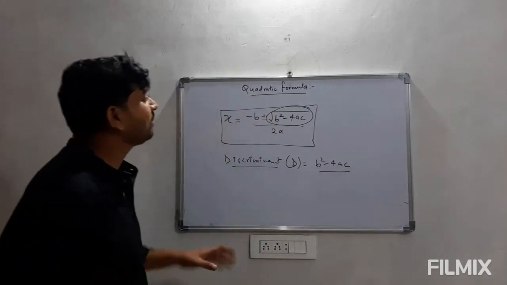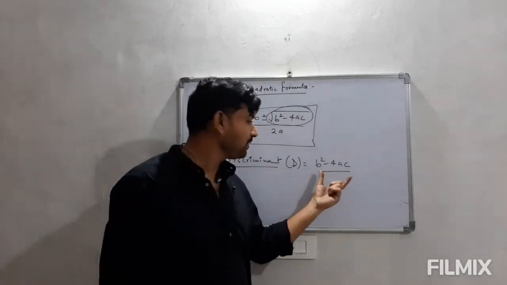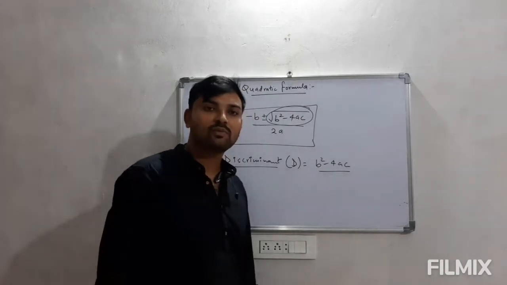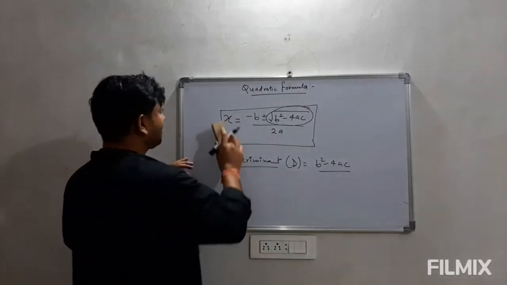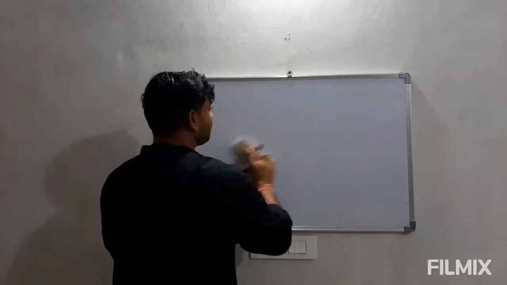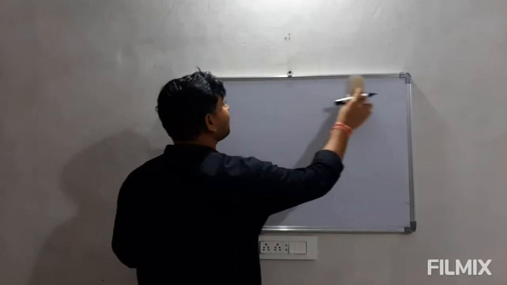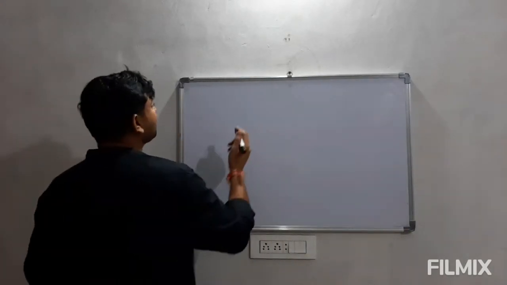Whether a quadratic equation will have roots or not depends on the value of b square minus 4ac. So I am going to discuss the nature of roots, that is, whether the roots will be there or not, and if they are there, how they will occur.